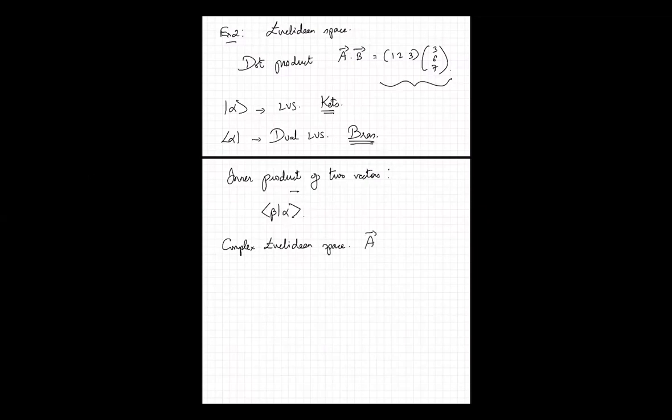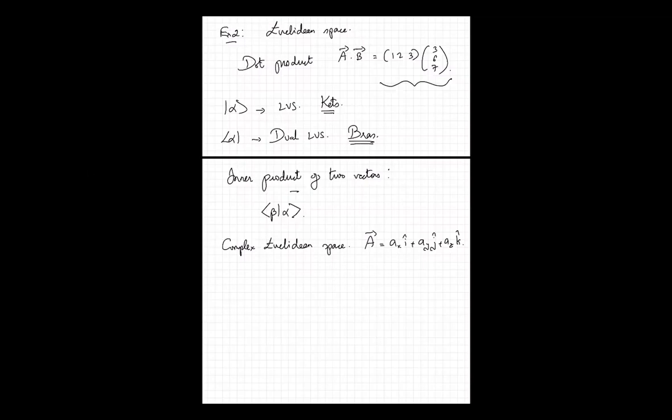When I say A vector is AX i plus AY j plus AZ k, I mean that AX, AY, AZ can be complex numbers. If that is the case, then to get a number out in the dot product, I have to multiply not the row vector times the column vector, but the complex conjugate of the row vector times the column vector.